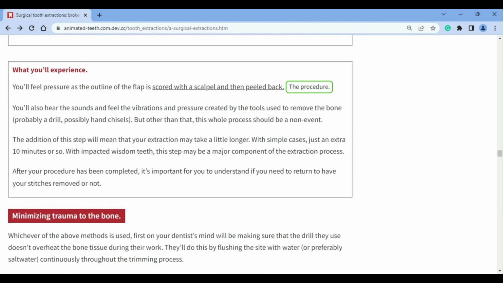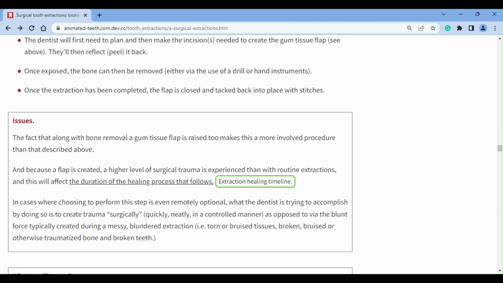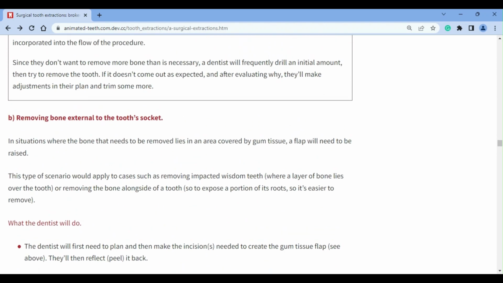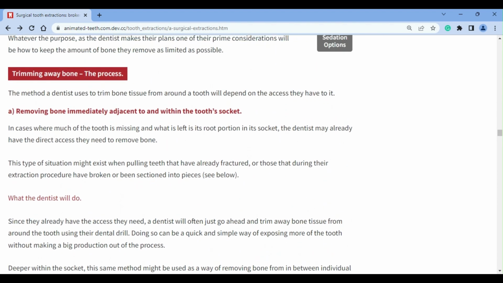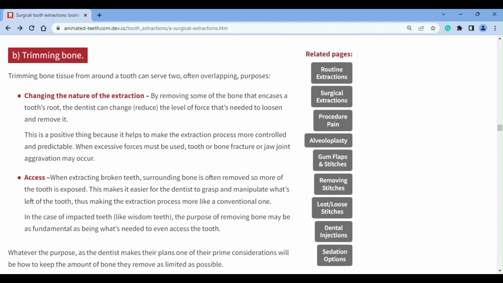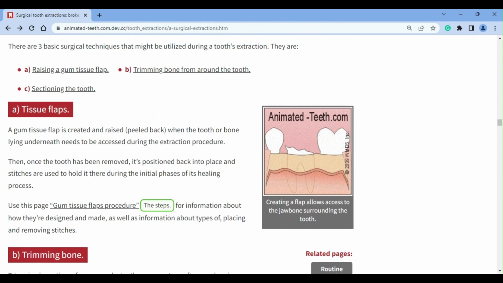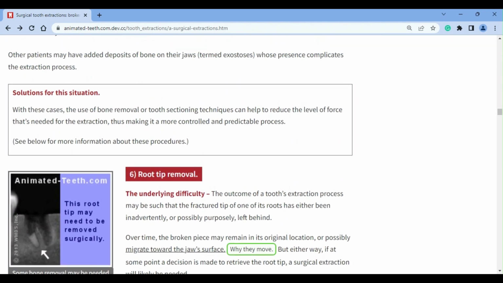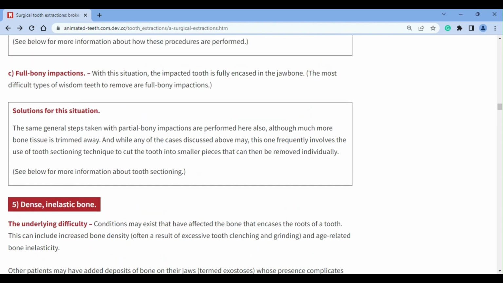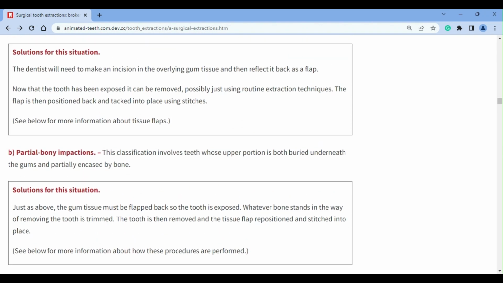This can include traumatizing surrounding bone tissue due to an inordinate amount of prying at or rocking back and forth on a tooth that is reluctant to yield, or bruising or even tearing soft tissues in an ad hoc attempt to gain better access or visibility. Not to mention that the degree of difficulty of the extraction can be significantly raised if some type of unfavorable tooth or bone breakage occurs.